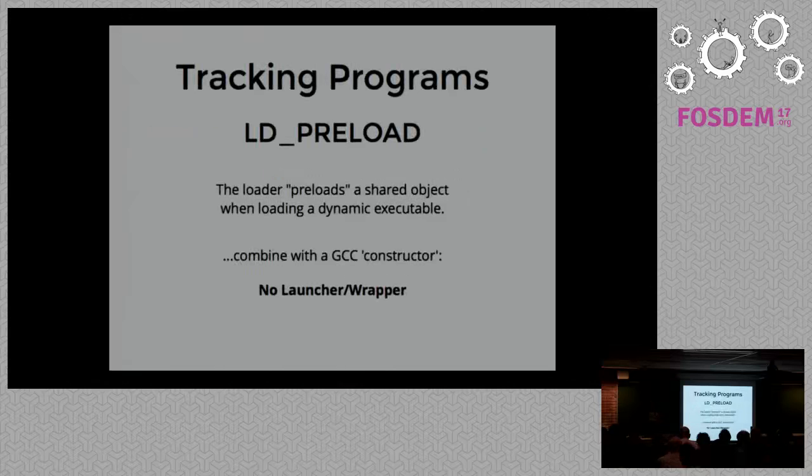For executing OGRT with every program that gets loaded, the loader has an environment variable called LD_PRELOAD, which forces your program to load a shared object. GCC and glibc have a constructor which gets called every time you load a shared object. So that basically makes it so that OGRT runs inside the address space of every program that you execute.